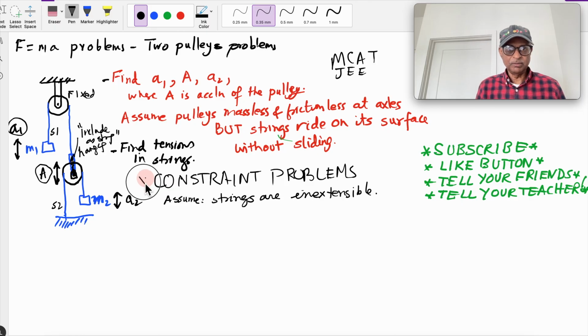This is very interesting. The second observation is you must think of this as F equals ma in vector form.